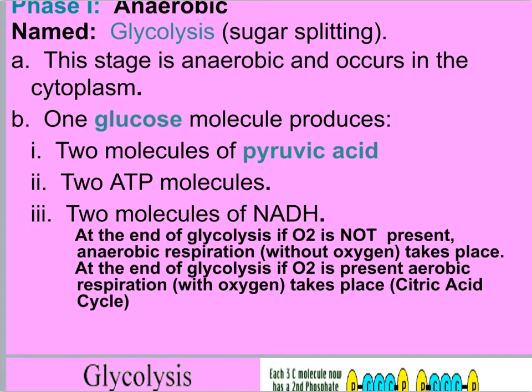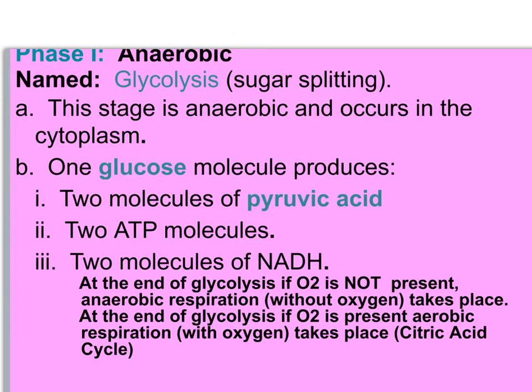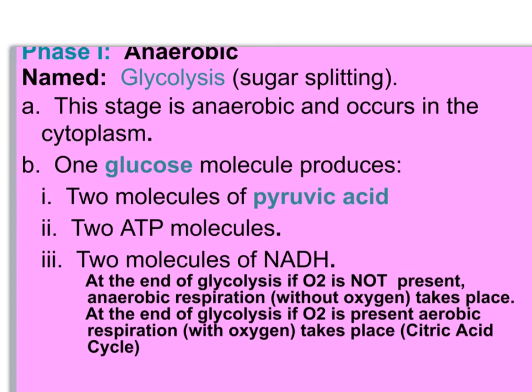Okay, so now we're getting into cellular respiration. So the first phase of cellular respiration is anaerobic. It's very important to know which phase is anaerobic and which phase is aerobic. So if you recall from learning your prefixes, you should remember that an means without, and aero means air.